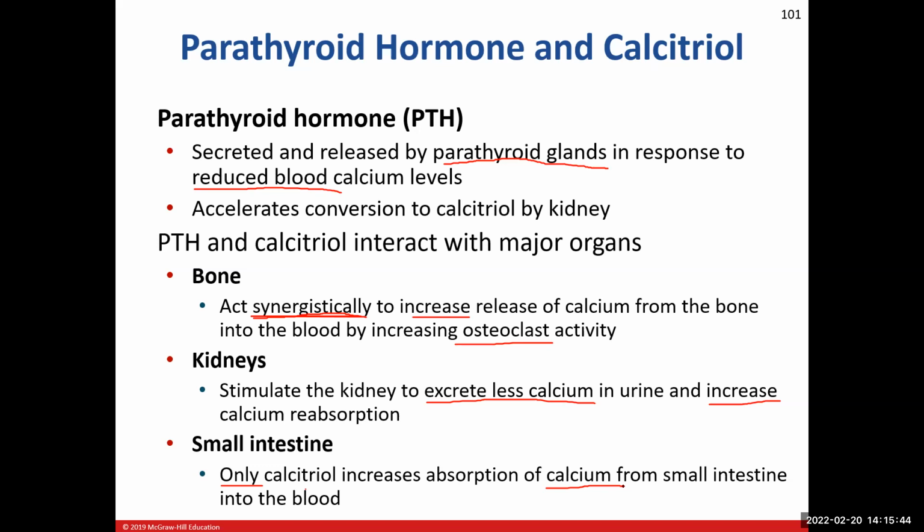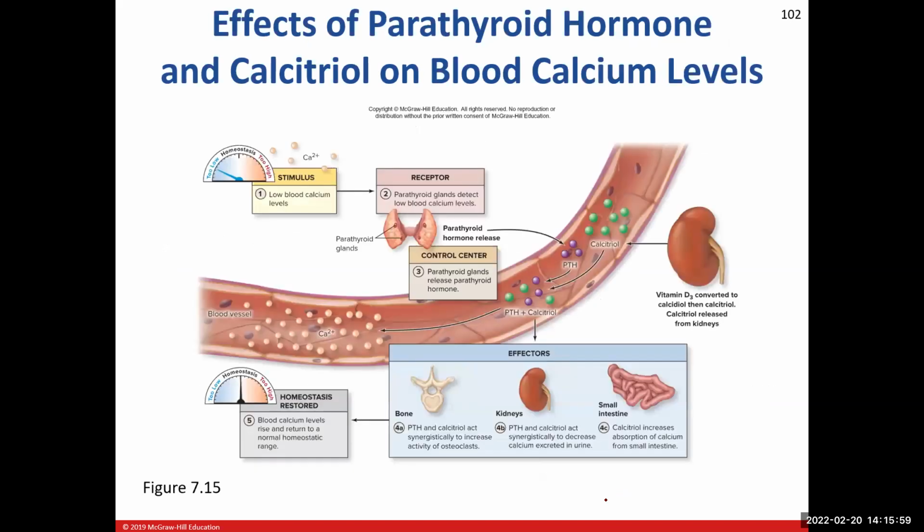It's going to reabsorb more calcium and keep it so you're not excreting it through the urine. And then in our small intestine, only calcitriol is responsible for an increase in absorption of calcium from your gut. So that's what this picture here is showing you: the effects of parathyroid hormone and calcitriol on our blood calcium levels.